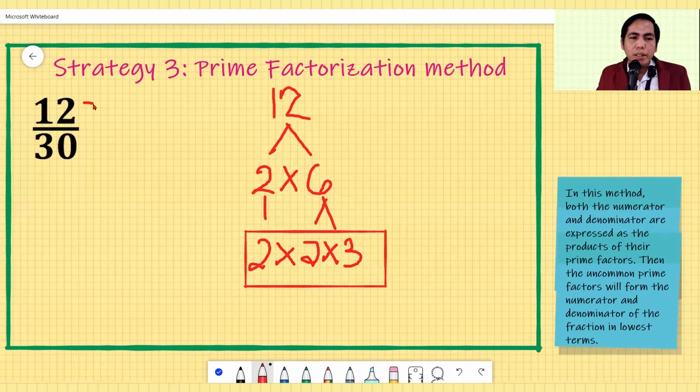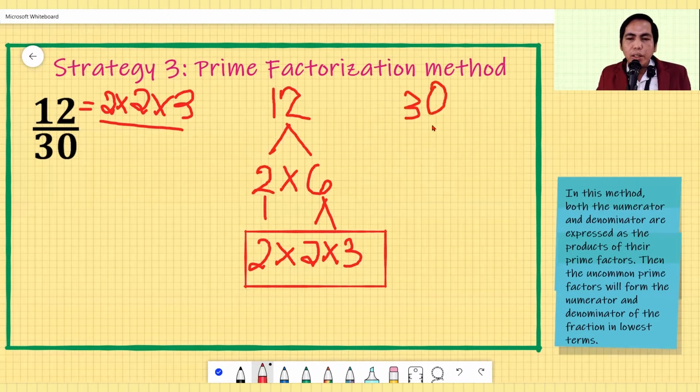So we can write here as its prime factorization, 2 times 2 times 3. This time we will be looking for the prime factorization of 30. For 30, we can use 3 times 10, 2 times 15, or 5 times 6. So I will be using the 5 times 6. 5 is already a prime, so therefore I will just bring it down.